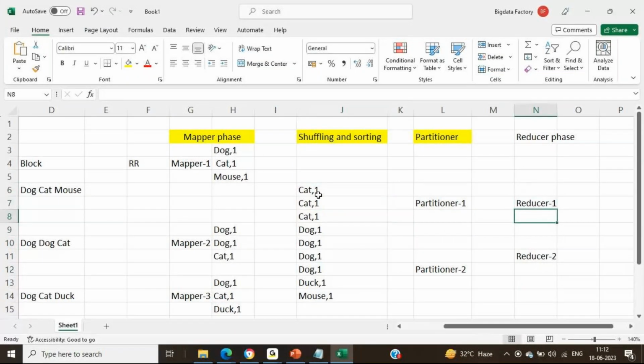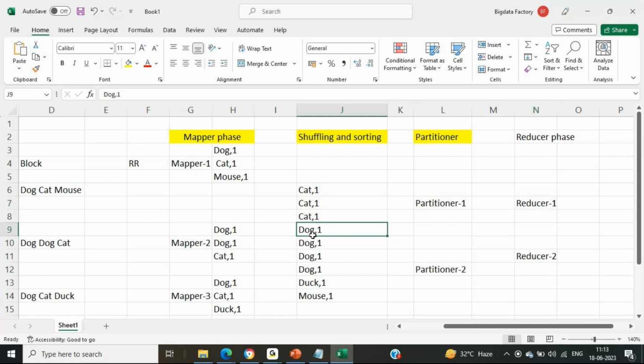Cat will be given to reducer 1 only, so all the data with respect to the cat key will be given to reducer 1. If we have 500 mappers and all 500 have cat, the data from all of them will go to reducer 1 only.